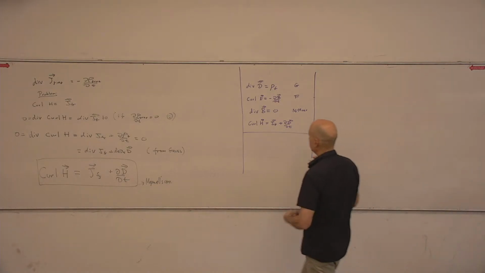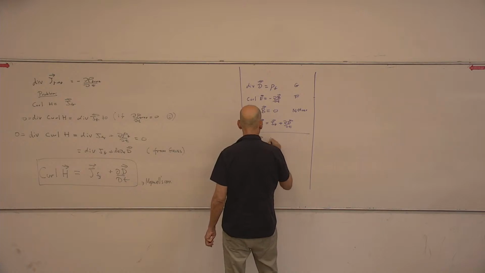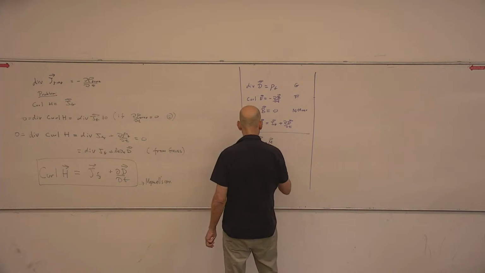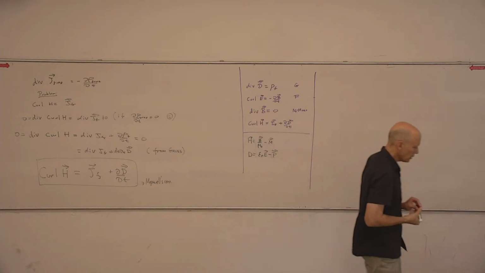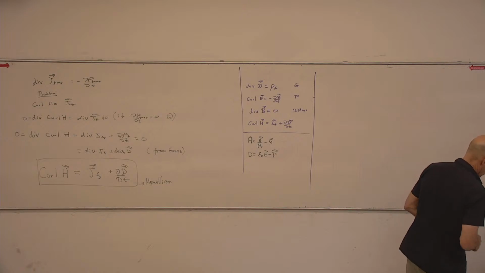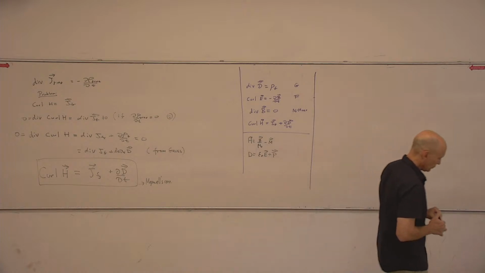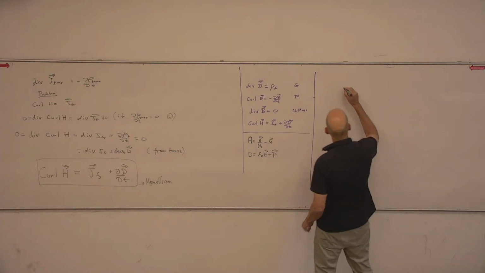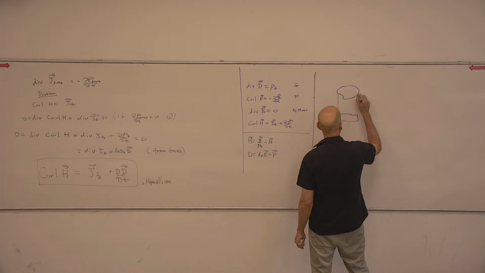Let us write here H equals B over mu 0 minus M, and D is equal to epsilon 0 E plus the polarization field. This is plus, sorry. So let us remind ourselves what I was discussing in previous classes.